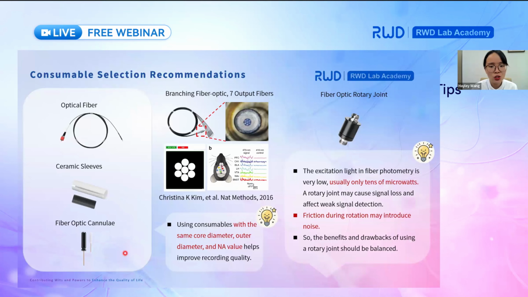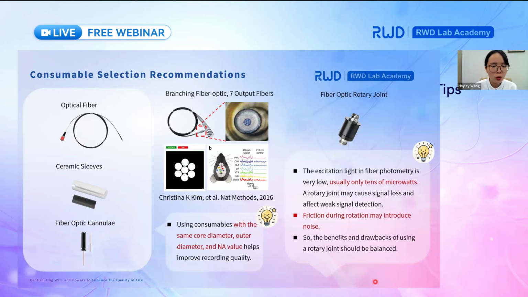Otherwise, the signal transmission efficiency will be affected. Second, the diameter of the fiber end and the sleeve should also match the outer diameter of the ceramic cannula. Otherwise, the optic fiber cannot be properly connected to the implanted cannula through the sleeve, just like this.